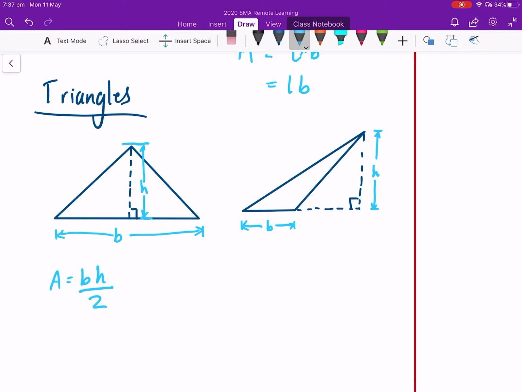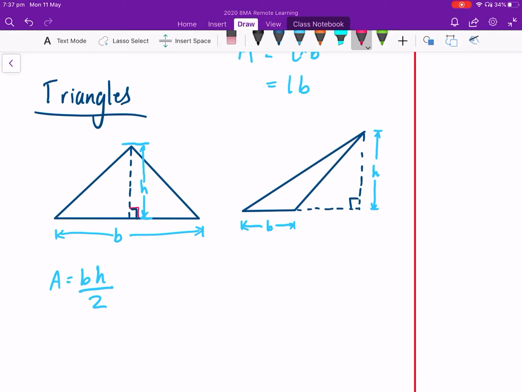Now it's important that the height is the perpendicular height, where we have this little angle down there. Now that little box stands for a right angle, which is 90 degrees. So we only times the base times the perpendicular height, which is given by that there.